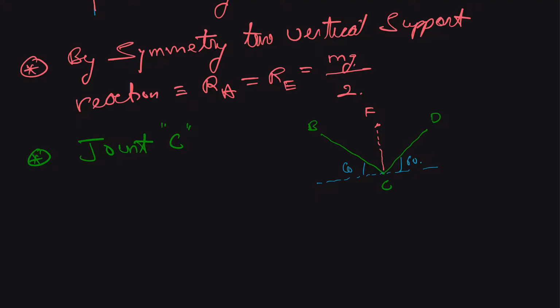So this is FBC sine 60, and FBC cos 60, and similarly FDC sine 60, and FDC cos 60. So these are the forces acting on it.